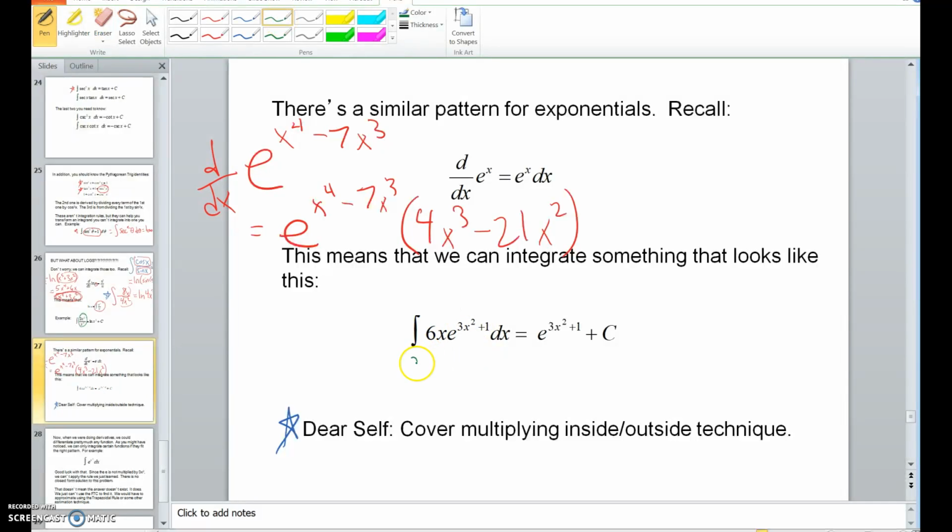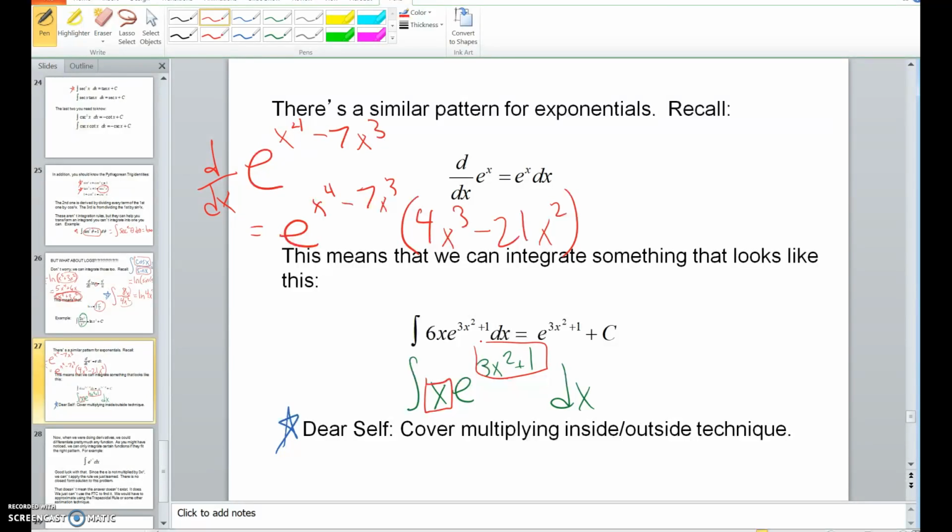So if this problem had been integral of x e to the 3x squared plus 1 dx. If I'm looking at this problem, I'm like, okay, I see e to some power times x. I want to check and see, is what I'm multiplying e by the derivative of the exponent here? And I'm like, what a bummer.